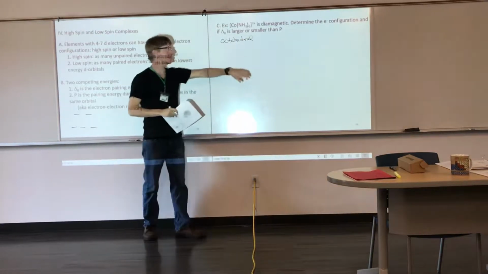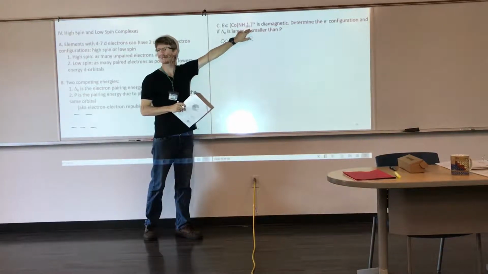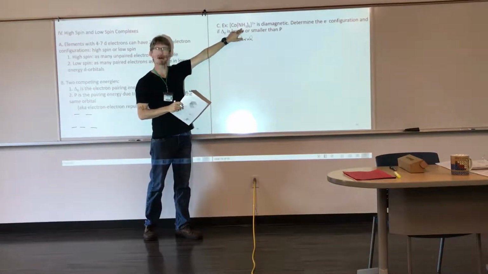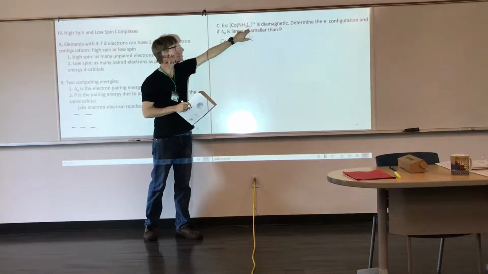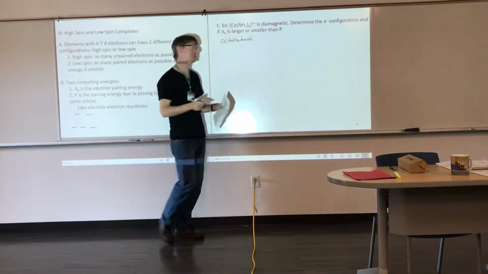The first thing we'll note about this is that this is octahedral. There are 6 ligands. Ammonia is a monodentate ligand, and so 6 of them, 6 attachment points, octahedral. The other way of saying that is that the coordination number is 6.